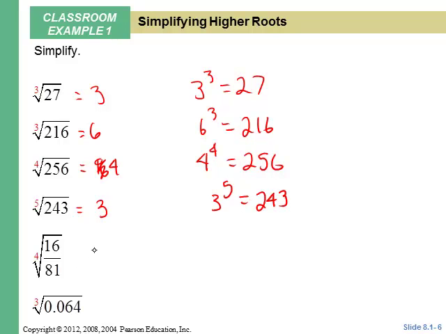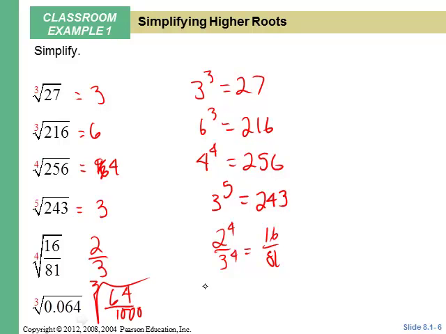The fourth root of 16 over 81 is 2 over 3, because 2 to the fourth over 3 to the fourth is 16 over 81. The cube root of 0.064 is 64 over 1,000 cube root, which would be 4 over 10.